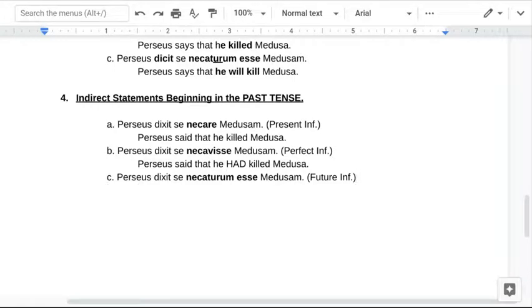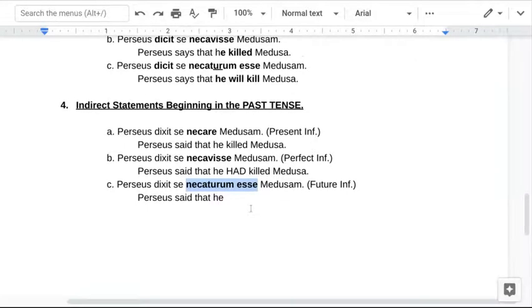Now, this scenario you don't see very often. We're going to start with Perseus said that he, okay? And then the only thing different here is we're using the future infinitive. Now, normally with future, you think will. And, you know, people say in English, you should do this: Perseus said that he would kill.